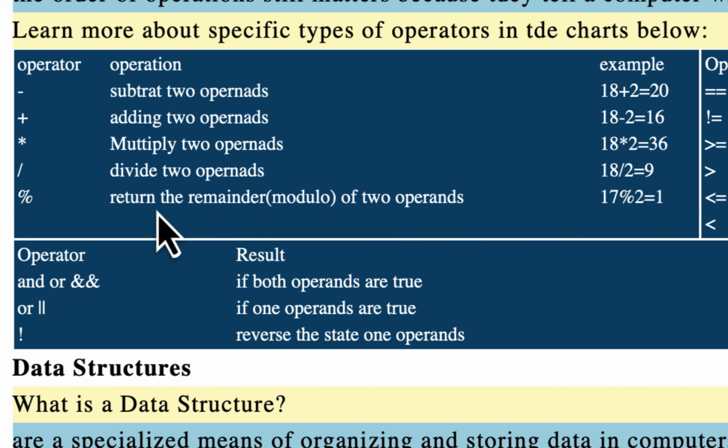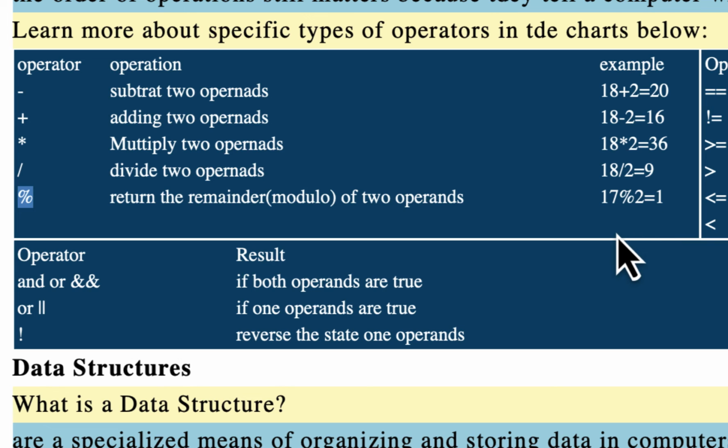Probably the one you will really use is called modulo, and we write it as a percentage sign. We divide 17 by 2 but keep the remainder, 1. You are probably wondering why we need that number.